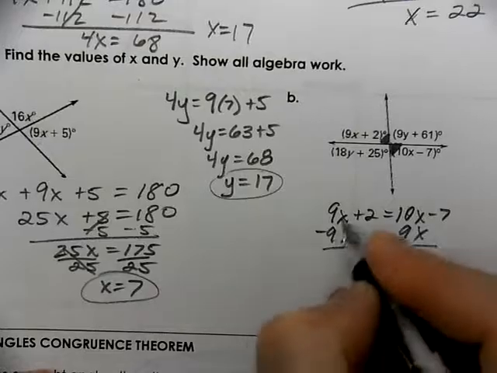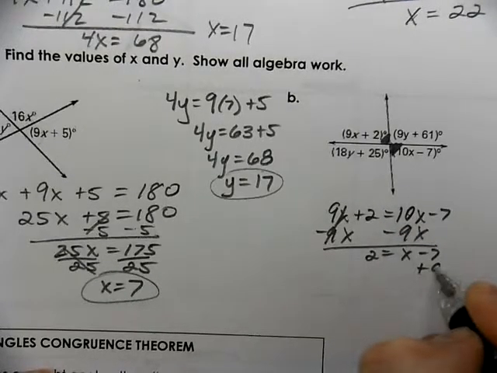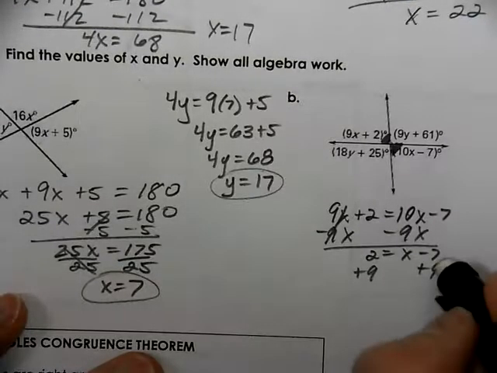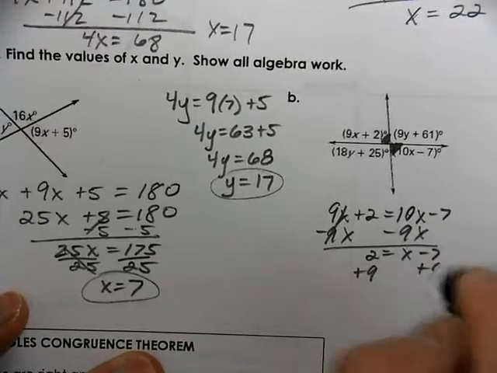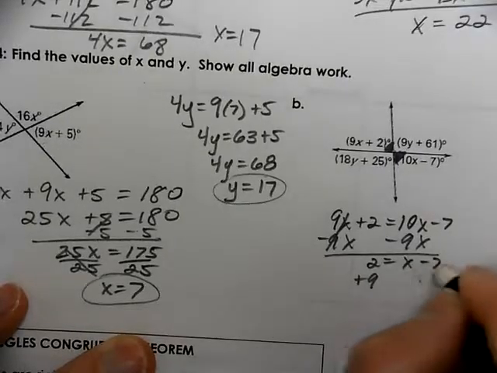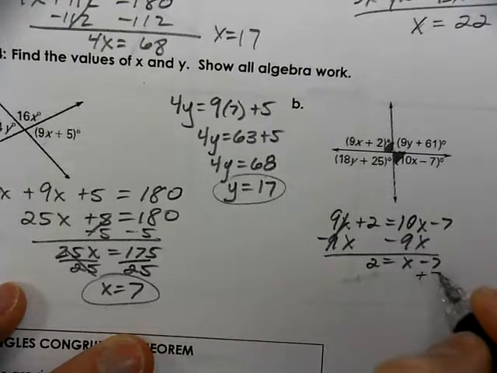I'll bring my 9x over. So we're going to add 7 across.